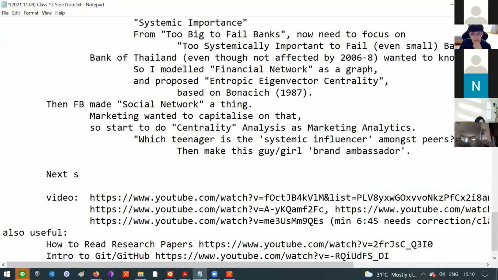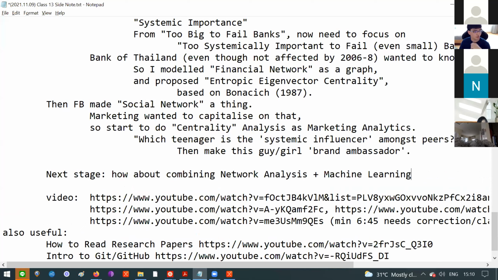Okay. So now, next stage. How about combining network analysis with machine learning? In other words, neural network.